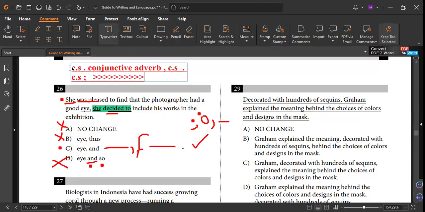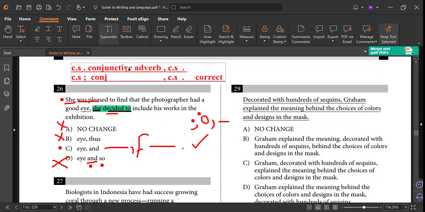Here you can use a conjunctive adverb and then comma, and then a complete sentence, it's the same because a semicolon means a full stop. This structure we call in English correct.